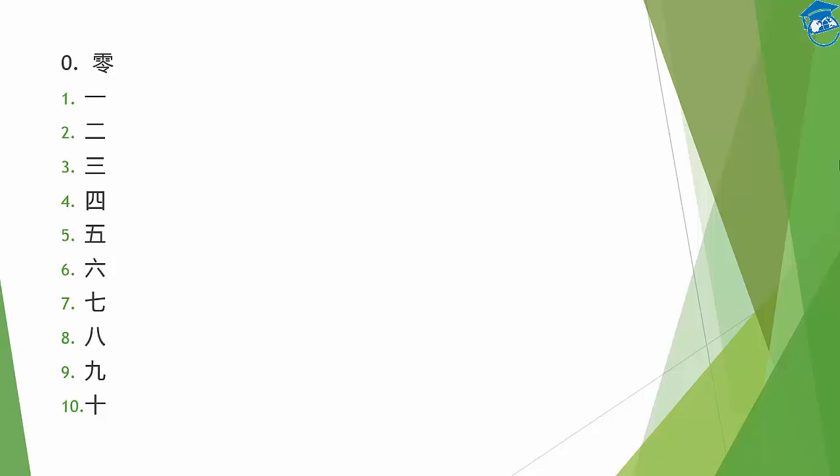So from 0, 1, 2 until 10, all are one syllable. If you want to memorize it, you can just memorize it like a song and keep repeating it, and it's really simple to memorize. Okay, remember this, and we'll use this more in the future.